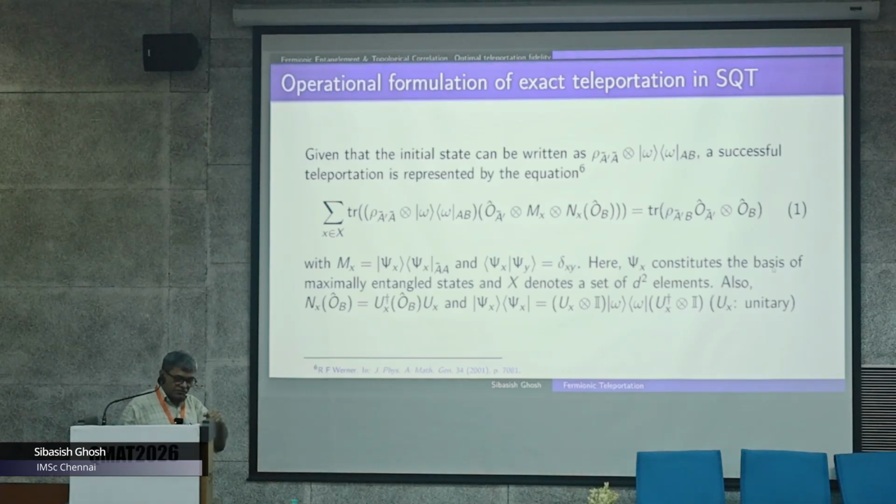When you deal with fermionic systems or systems of indistinguishable particles, one should be a little bit careful, because the things which we do with standard quantum information theory for systems of distinguishable particles more or less hold good, but whatever quantity you define, either teleportation fidelity or some other quantity, you should define it in operational form, not just in mathematical form.